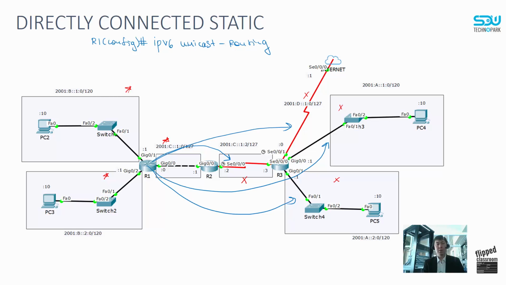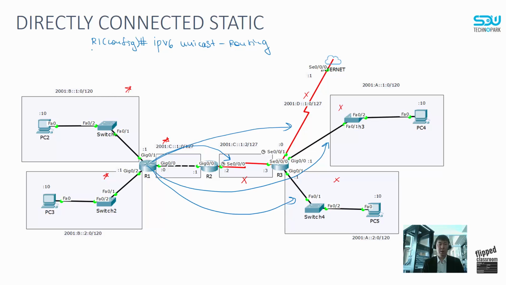In case you didn't configure your router with this command before you make routing, you will meet the issue that your router will not make routing on IPv6, because by default Cisco routers are not working as IPv6 routers, and you have to turn on the functionality by using the ipv6 unicast-routing command.